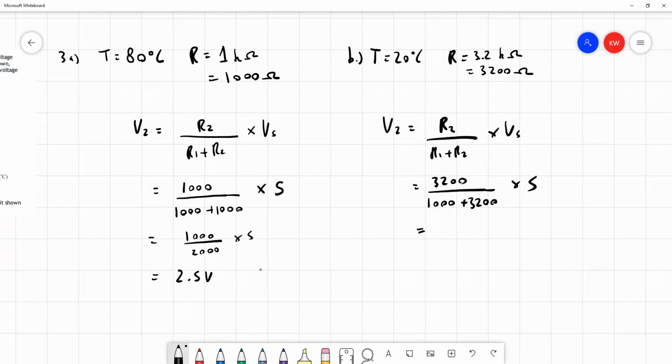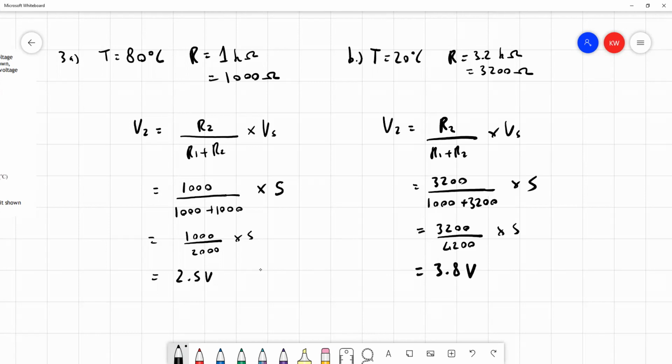This is not going to be something nice and neat for us, so we should use our calculators. We can say this is 3,200 divided by 4,200 times 5, and the answer we get, rounded to 1 decimal place, is 3.8 volts.